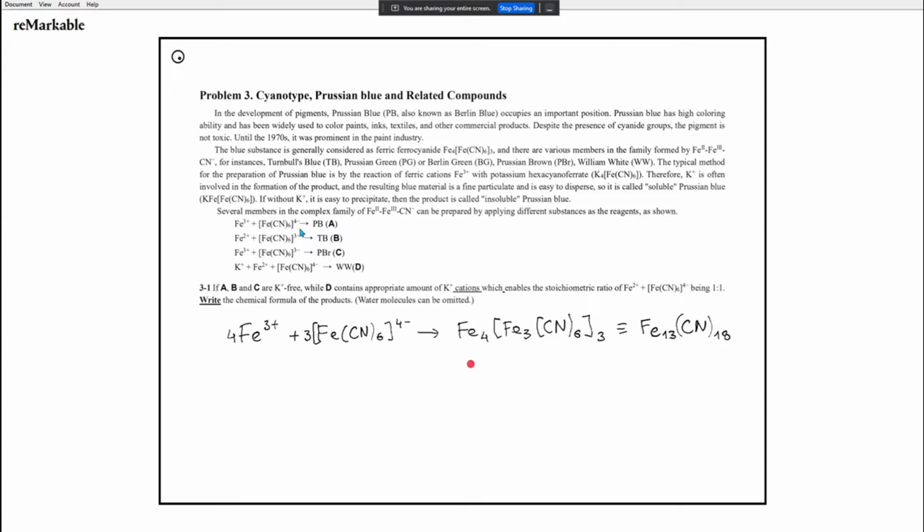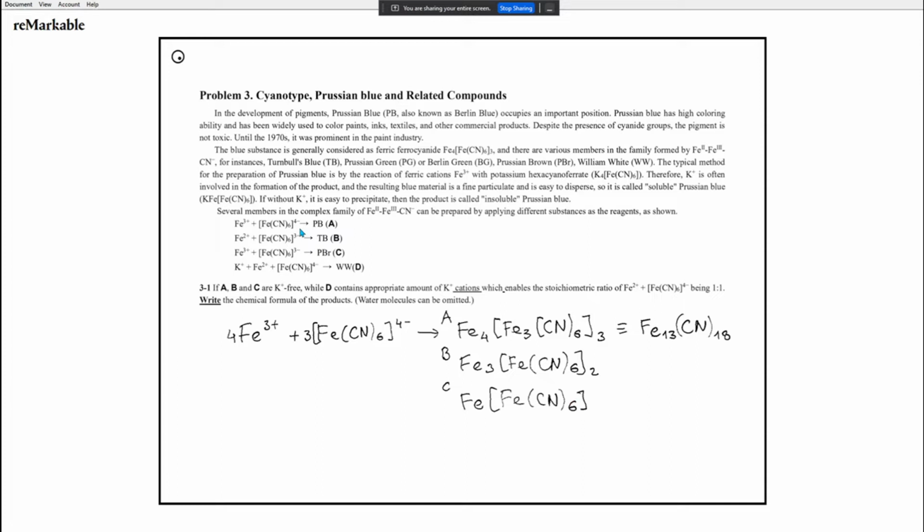This way you can get that A and B should be Fe3, Fe, CN6 twice, and for compound C it is beautifully Fe, Fe, CN6, and that's it.